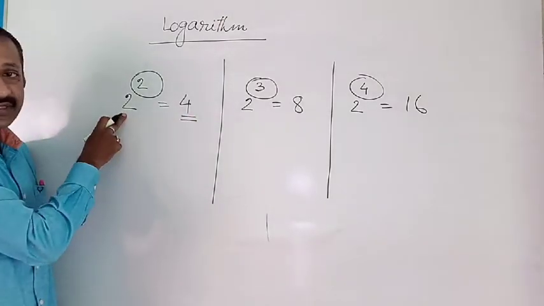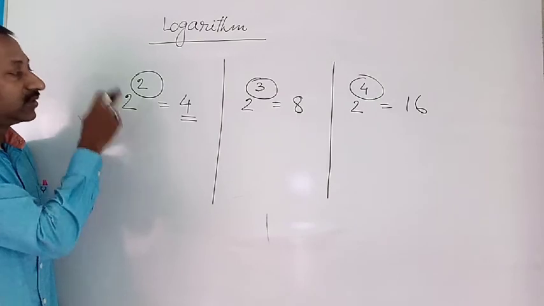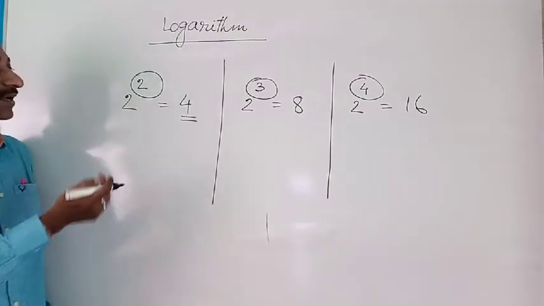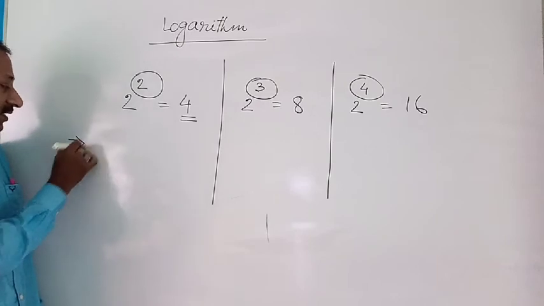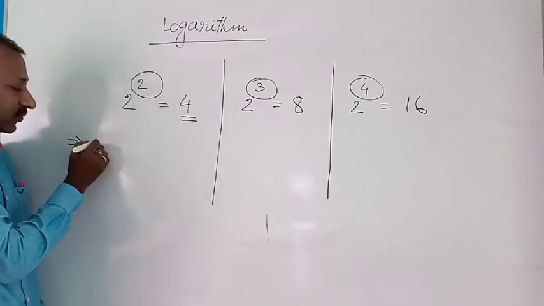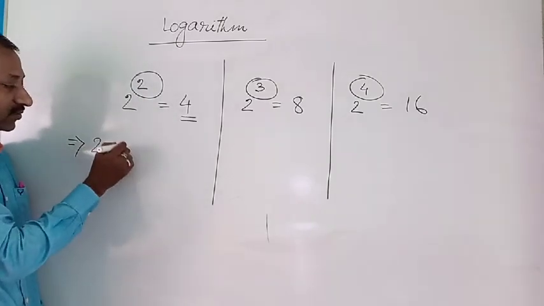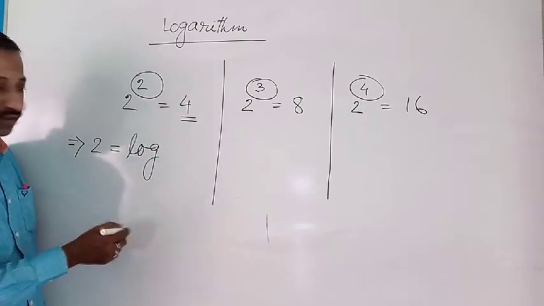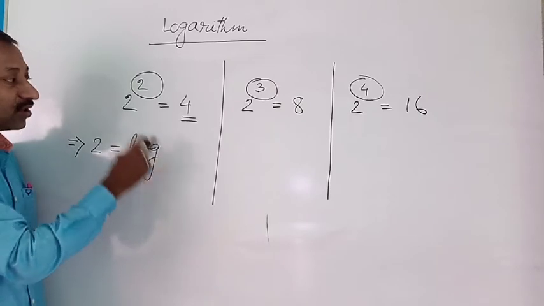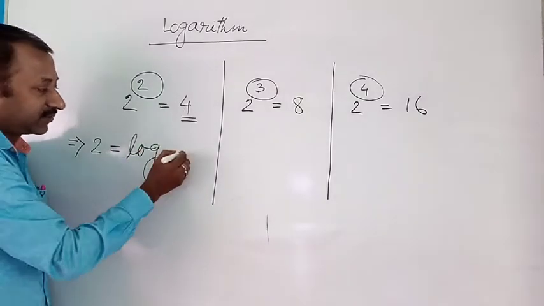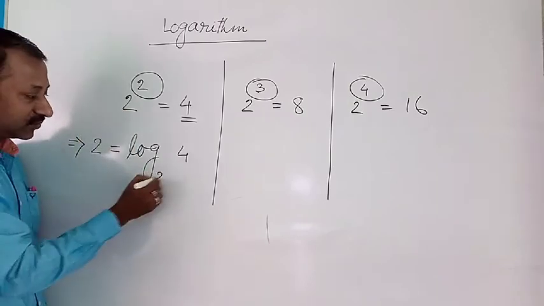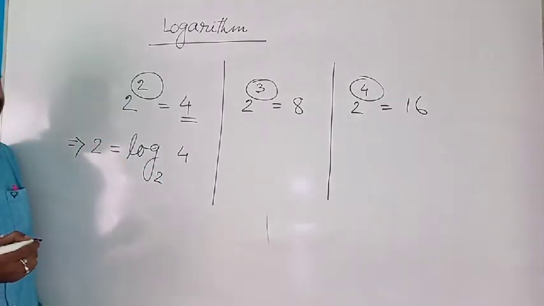Here base is what? 2. Base of the logarithm should also be 2. And how do we write it? This power 2 equal to logarithm; in short we write log, L-O-G, of the number 4, and base is what? 2. We write like this.